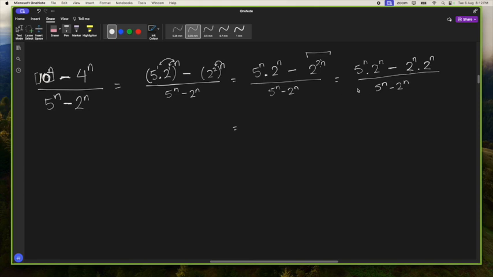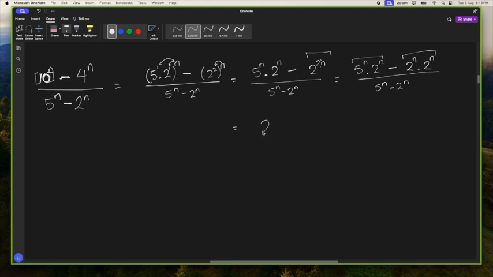So now, what do I notice? I have two numbers here, and the two numbers have something in common. Both numbers have 2 to the power of n in common. So I could factorize now.